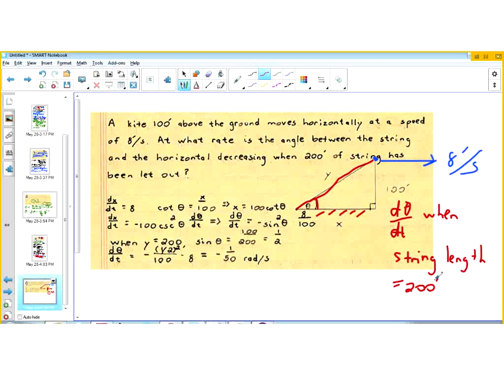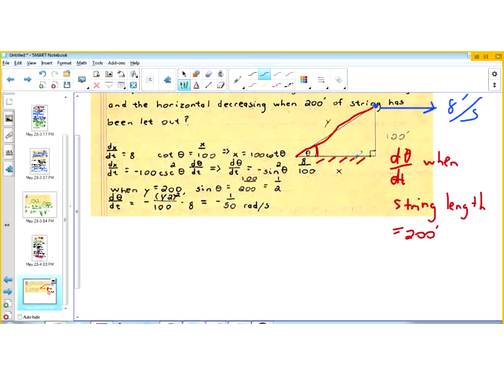Okay? And we know the height of the kite is 100 feet, and that stays constant. And we are also given the change in x.